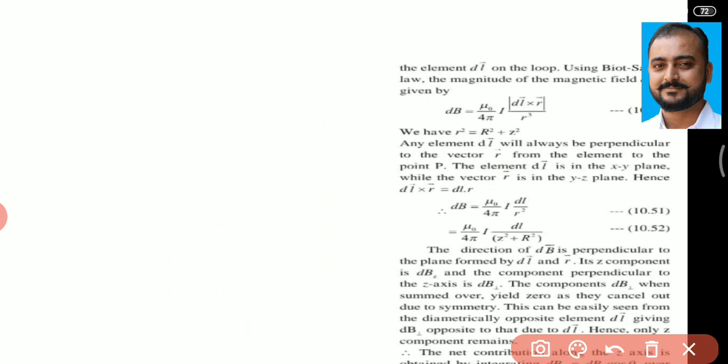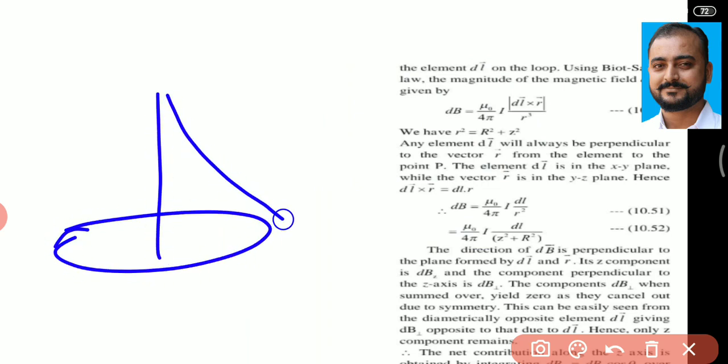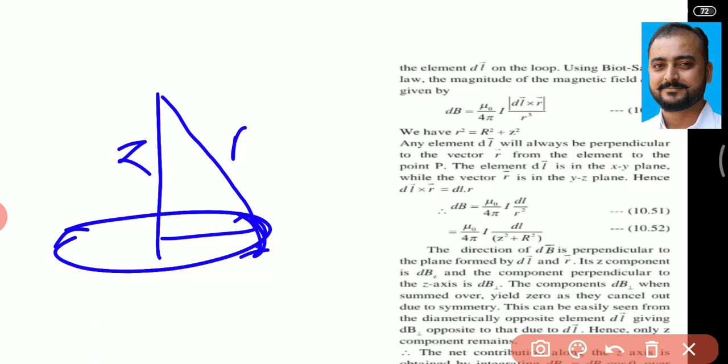The next step is: when you consider this figure, this is a small element of length dl. This is your r, this is your z, and this is your capital R. This is angle theta.